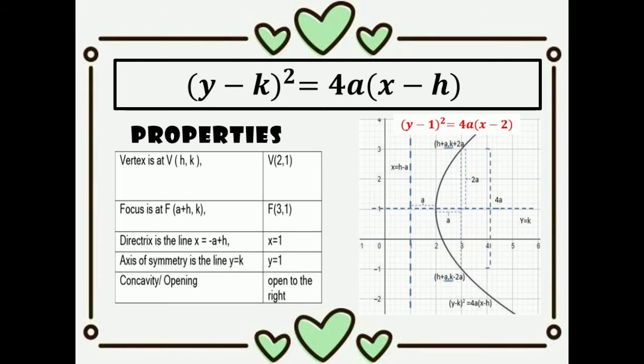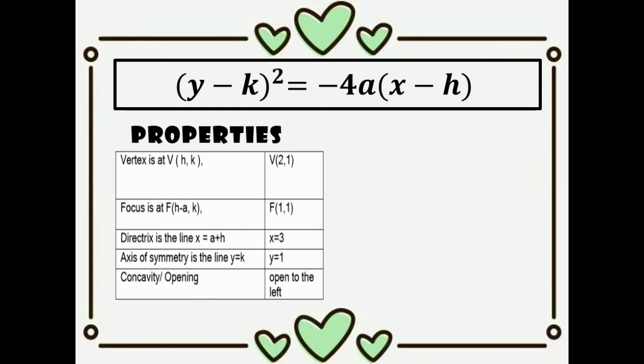Just substitute the values of a and h, so the directrix is x equals 1. The axis of symmetry is the line y equals k, so our axis of symmetry is y equals 1. And for the opening, as you can see in the graph, it opens to the right.